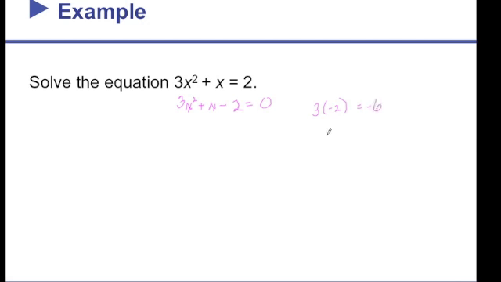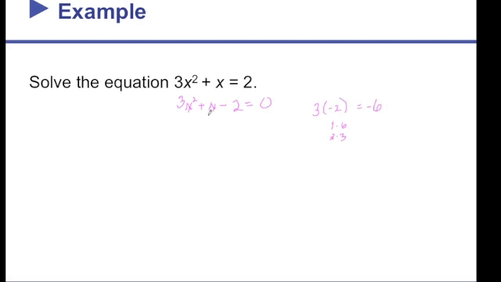Then I ask myself, are there two numbers that multiply together to give me negative 6 that have the sum of positive 1? For 6 I can get 1 and 6, or 2 and 3. If the signs were different, I could get negative 6. Actually, 3 and 2 are it.